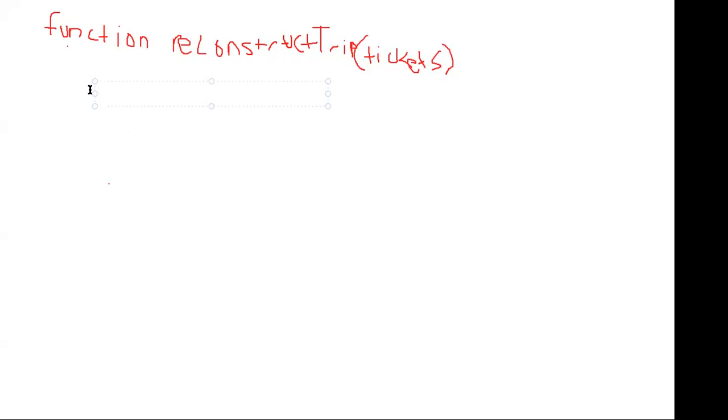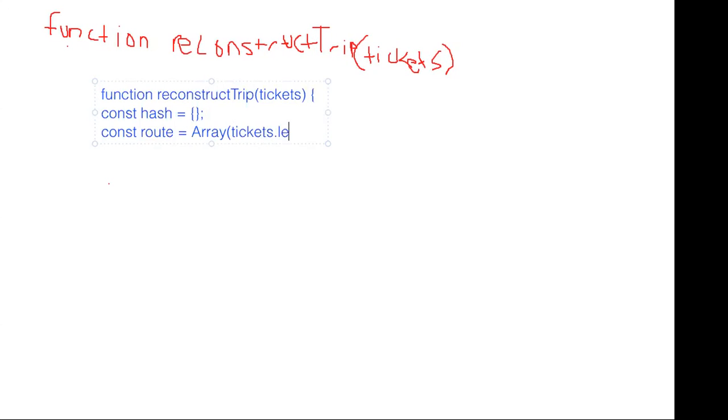Yeah. So we'll do, like I said, a function, reconstructTrip. It'll take an argument of tickets, and we'll do a variable called hash, and that'll be an empty object, and then we'll do const route is equal to Array(tickets.length - 1), and then we'll do, let's see what.